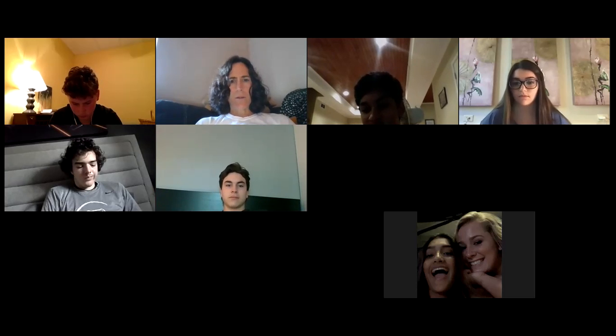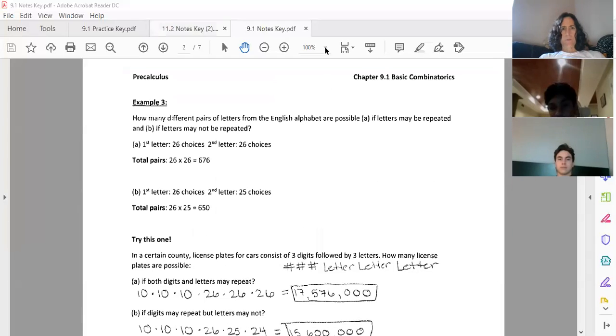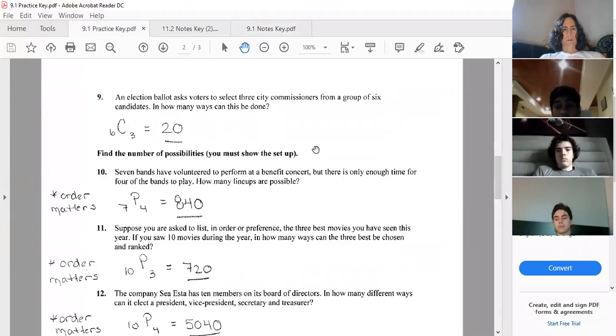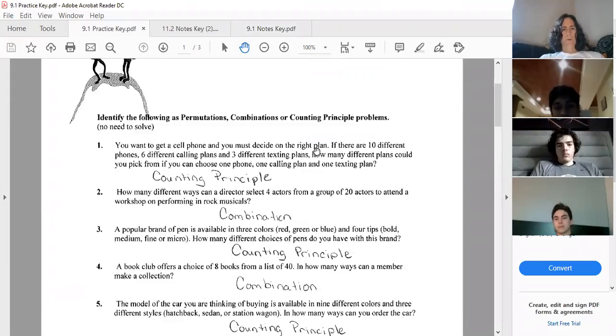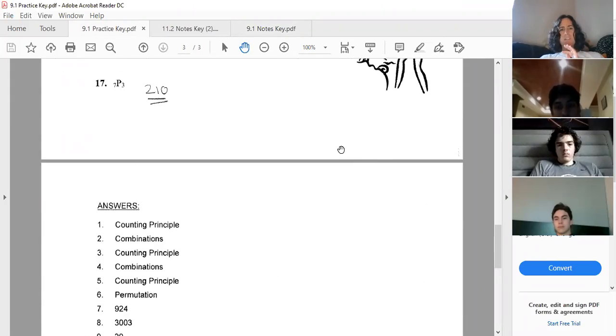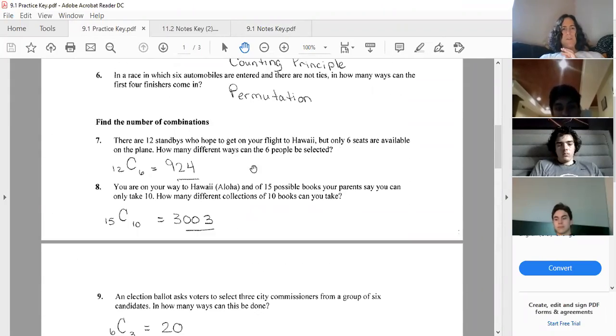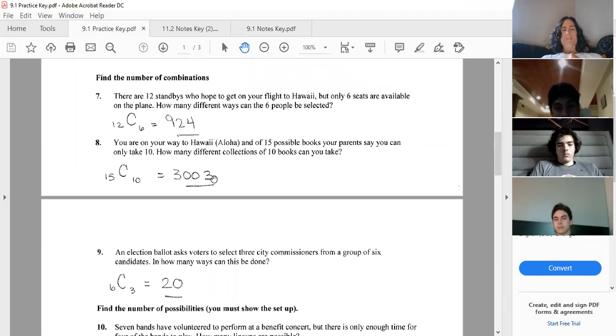Let's see. Here we go. All right, well, that's the notes. Okay, so the answer key was attached. It just gave you the answers. But on 7 and 8, they were both obviously combinations. You were going to use the combination formula.